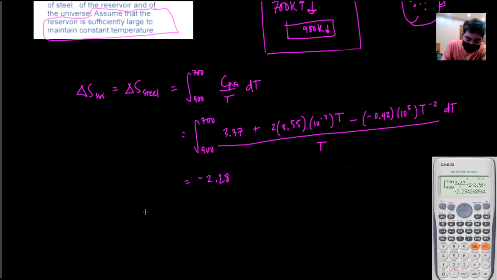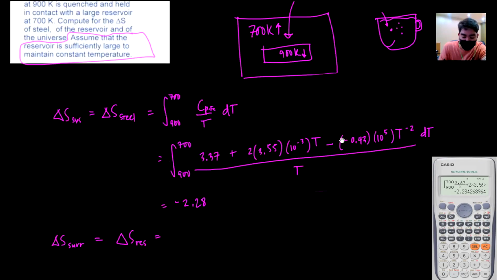Okay na tayo dyan. Now let's get the delta S of the surroundings, which is actually the delta S of the reservoir. Okay? So the delta S of the reservoir, sabi natin is maintained at the temperature 700 Kelvin.